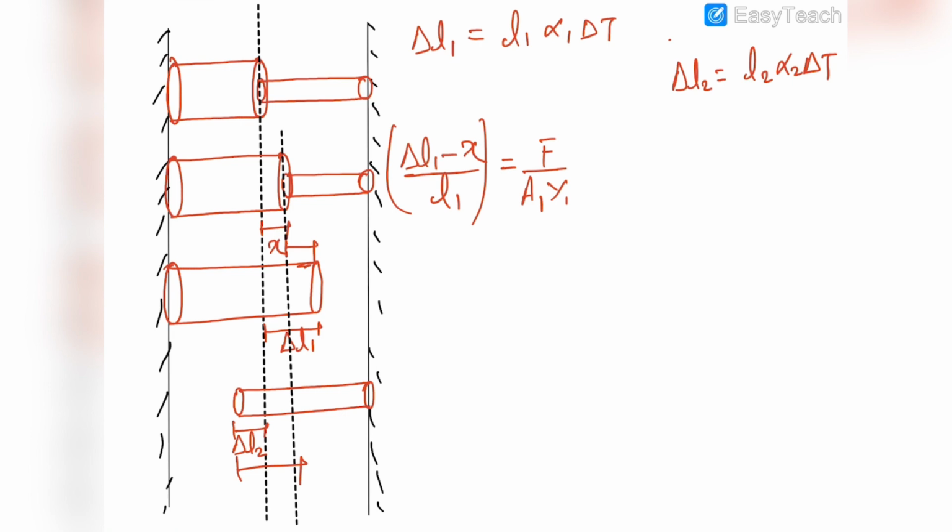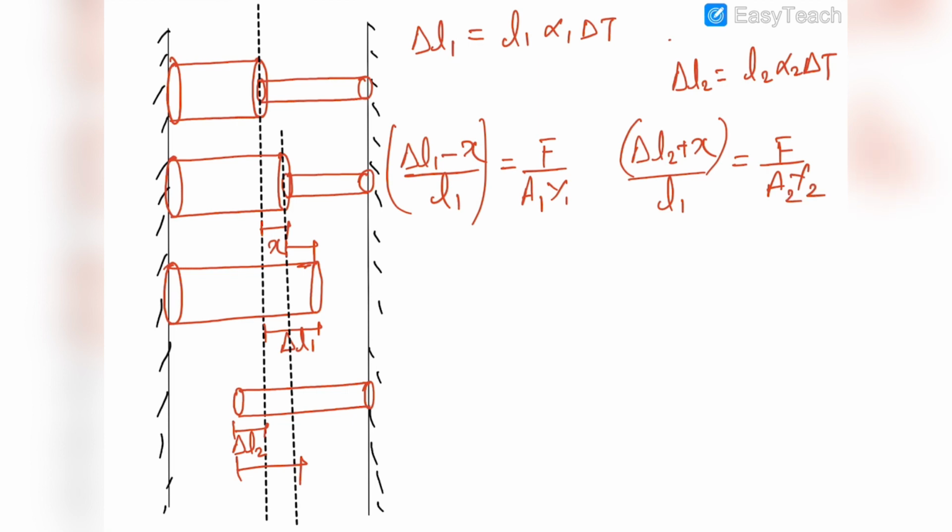So you can see that if this rod was alone, it would have expanded from this position to this position by a length of delta L2. But due to the presence of this bigger rod, this rod has been compressed by a distance of X in the reverse direction. So the restricted length would be delta L2 plus X obviously. So this is delta L2 plus X upon the original length L2, and this would be equal to F upon A2 into gamma 2.